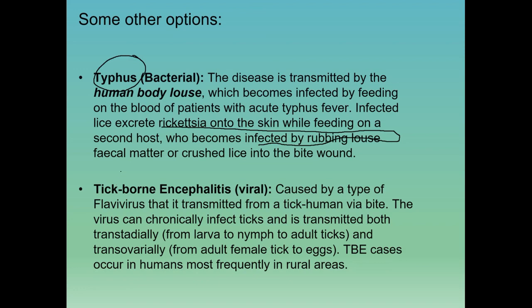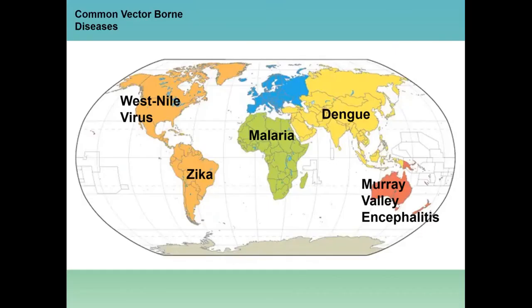I'll leave you to read those two bits of paragraph, but it gives you a flavour of what's expected in the assignment, because I get people just saying vector-borne diseases are caused by mosquitoes, ticks and flies. They bite a host and then they pass it on to the next. Well, that's not going to cut the mustard for a high standard assignment.